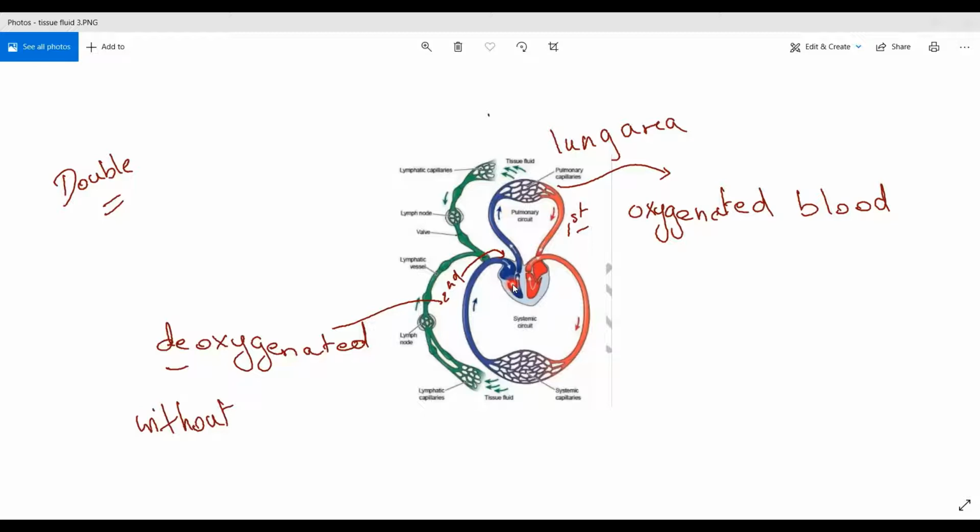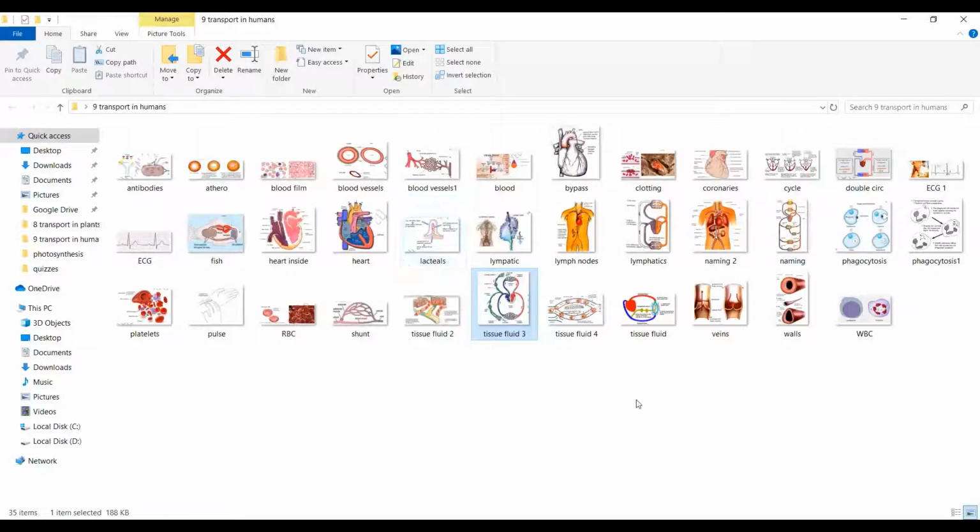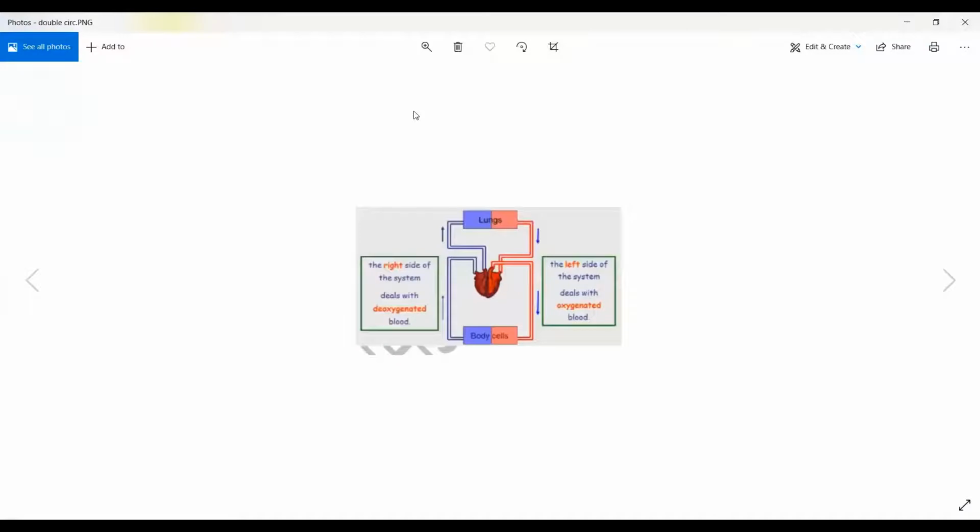If I put another picture for this double circulation, this is the picture that's found in the book. Here it is, but let me zoom this in a bit.